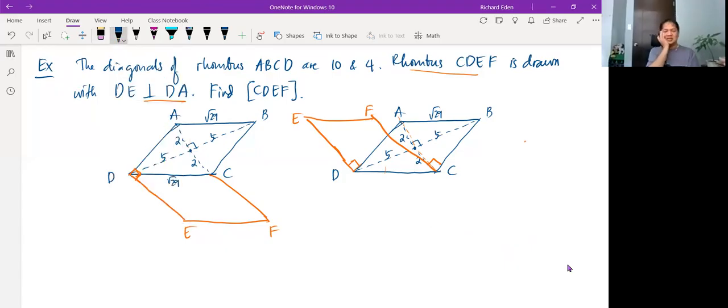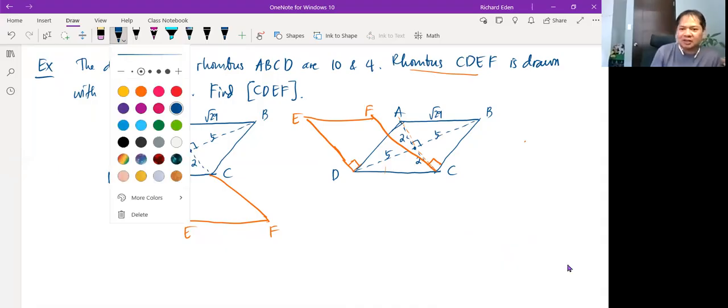Okay. Actually, nalimutan ko na nung gagawin. C, D, E, F. Ano po, nawala. Okay. Nawala na ako. C, D, E, F. We would need, so we know the three other sides, square root of 29.